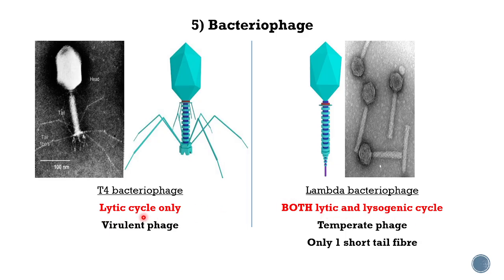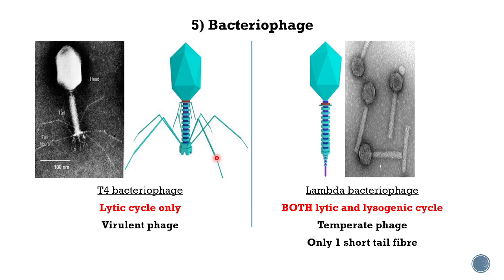But for the lytic cycle only, T4 is the usual example. That's why we want to introduce the T4 as well. And T4 contains the more default structure of the bacteriophage. So T4 is also quite important, even though the name is not mentioned in the learning outcome.